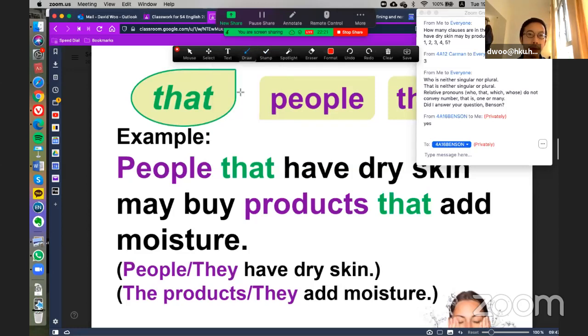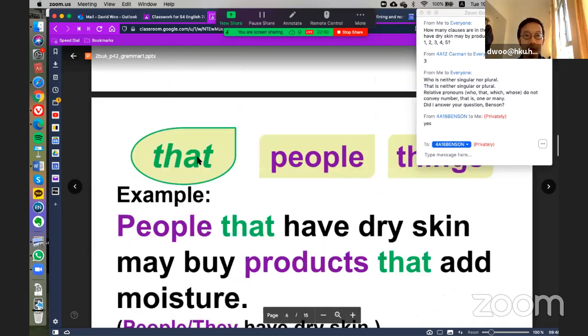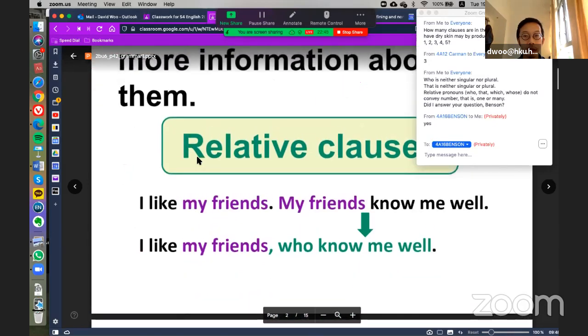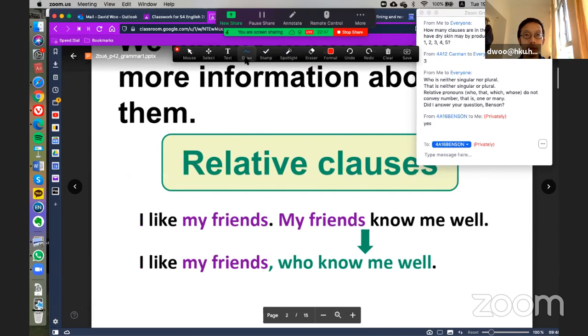Okay. So in this sentence, that means people, and people is plural. In the same sentence, this, that means products. Products is plural. But absolutely, who or that doesn't mean singular or plural. If you take a look at the first sentence we saw, who refers to friends, and friends is plural.